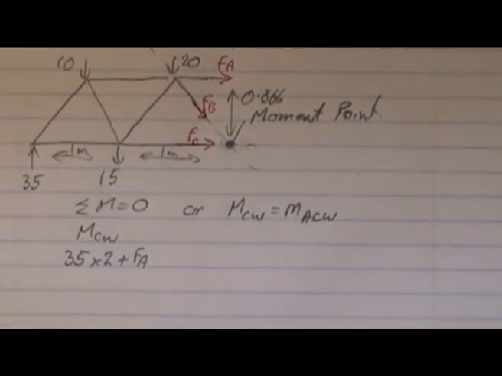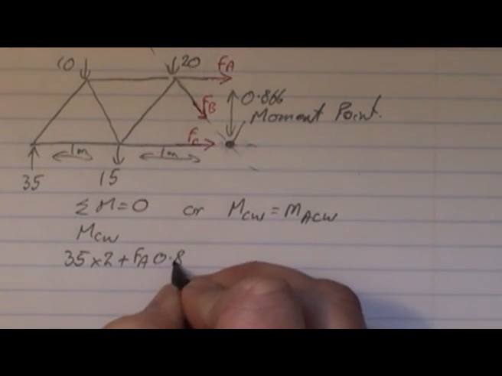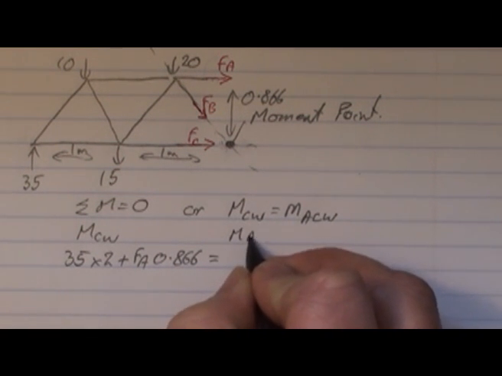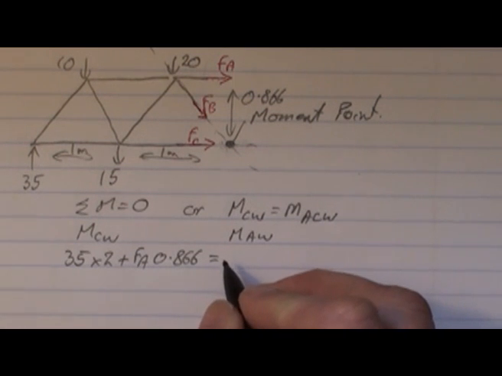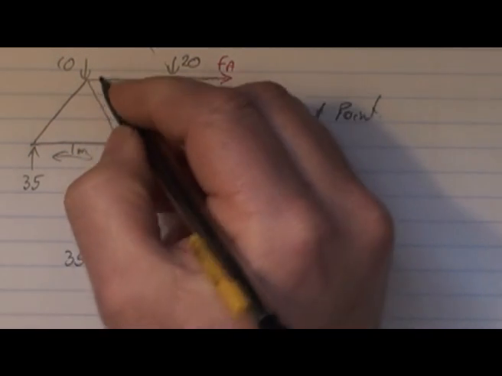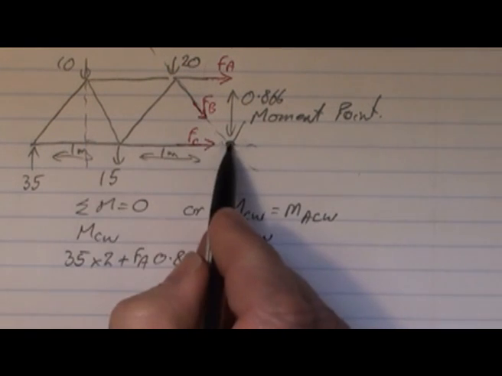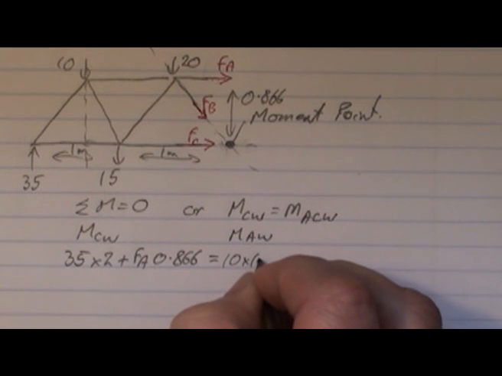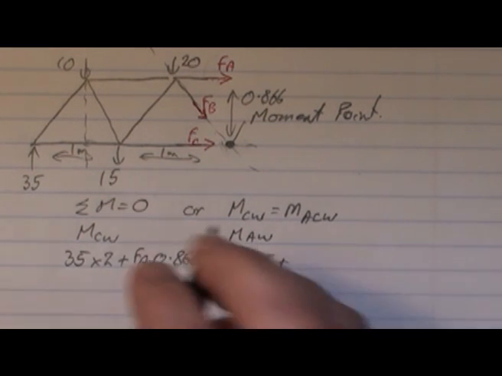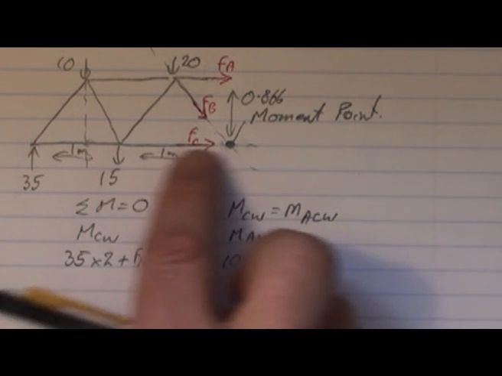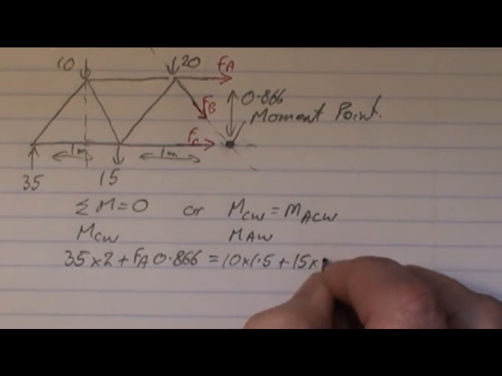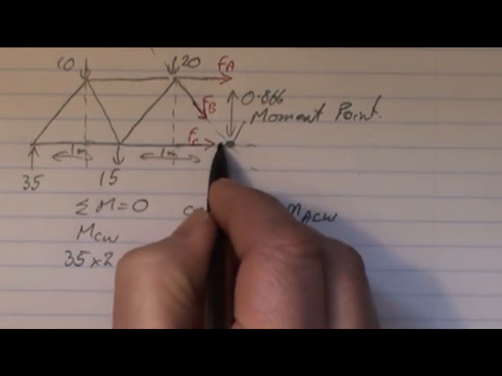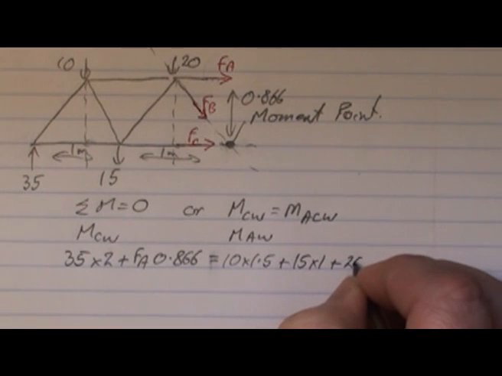So FA times 0.866 will equal my moments anti-clockwise, which will be 10 times the right angled distance, which will be 1.5 meters. So 10 times 1.5 plus 15 times 1 meter plus 20 times half of that distance, which is 0.5.